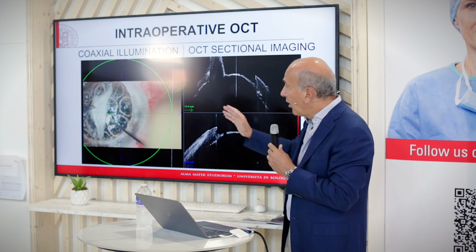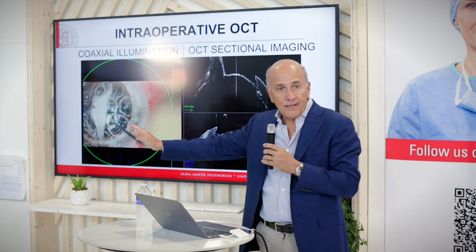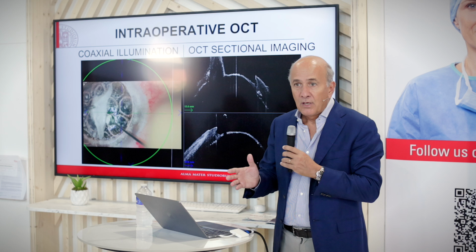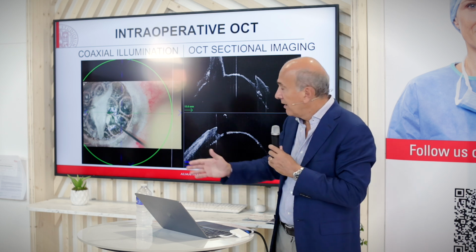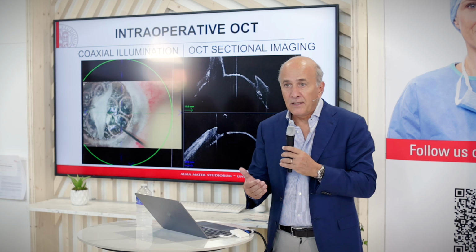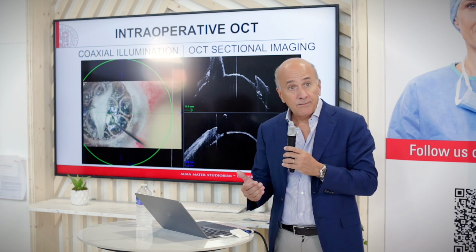So if you only had the image on your left, which is what we normally have in our microscopes, you wouldn't be able to say if the layer that I'm leaving behind is thick, thin, irregular, or regular.